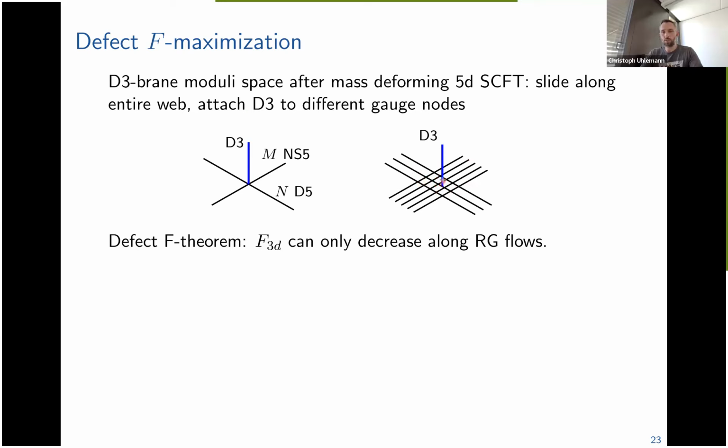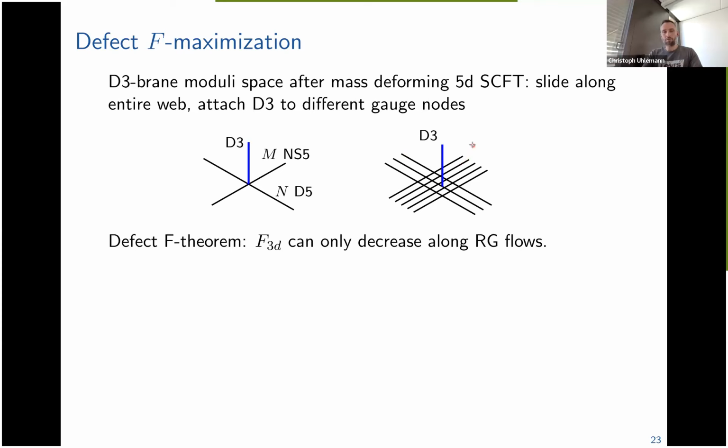And we can, in particular, in some way slide the D3 from one gauge node to another by moving it along the NS5 branes here, along the D5 branes here. And in that way, connect defects at different gauge nodes through our RG flows.